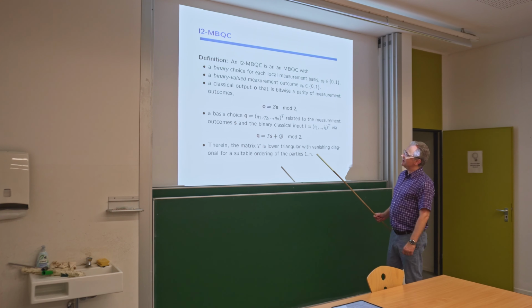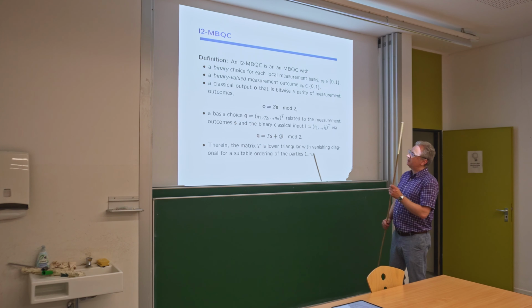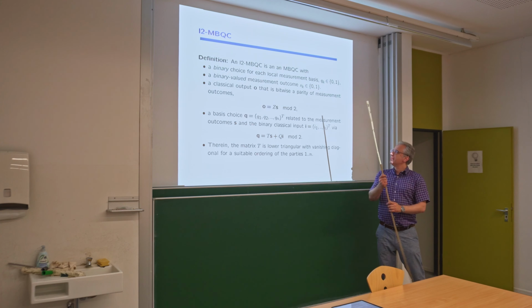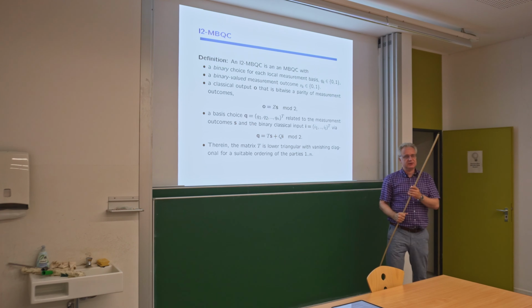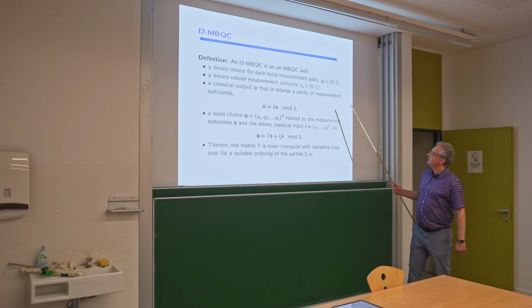So what is in it? First thing, binary choice for each local measurement. So there are two choices of bases and they are flipped from one to the other depending on what the measurement outcomes are. But I'm getting ahead of myself. So first there is a binary choice for each local measurement basis.